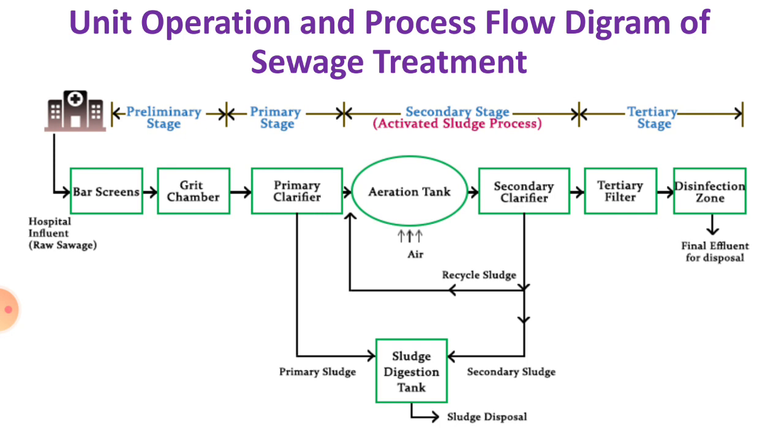And we can also say that if the wastewater does not contain much organic matter, and if sufficient treatment is carried out in the primary clarifier only, then the wastewater can be sent directly to the sludge digestion tank, where the digestion of the sludge is carried out.